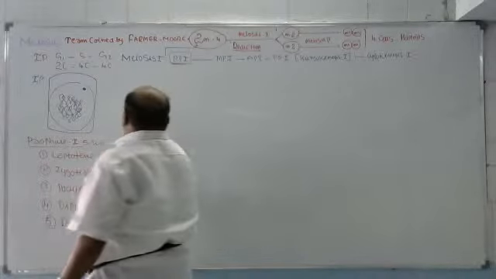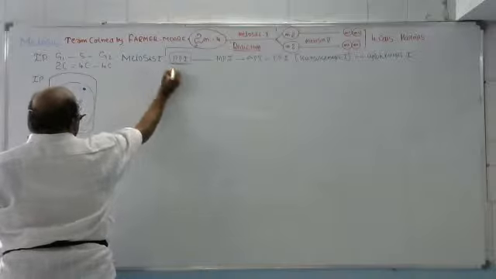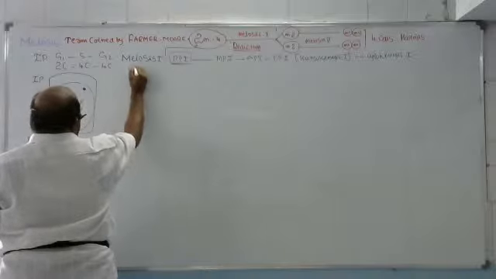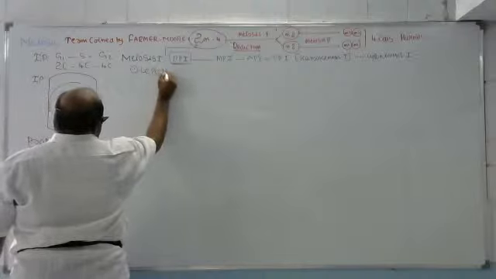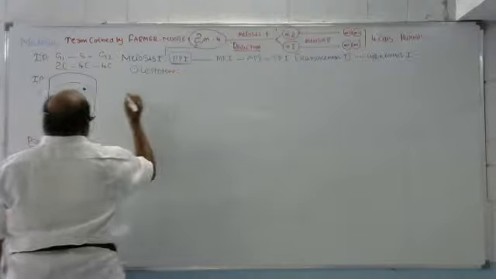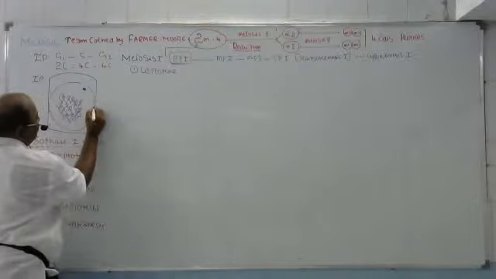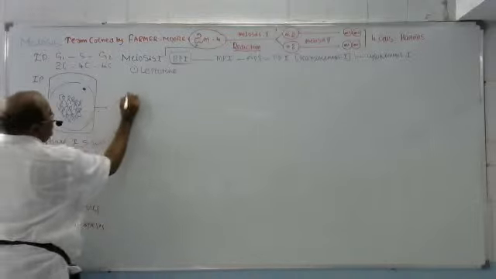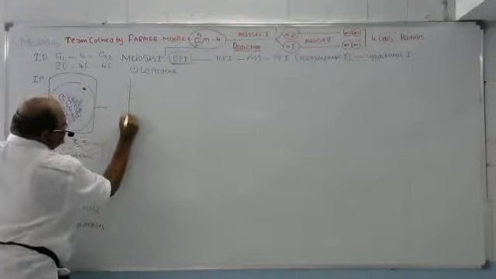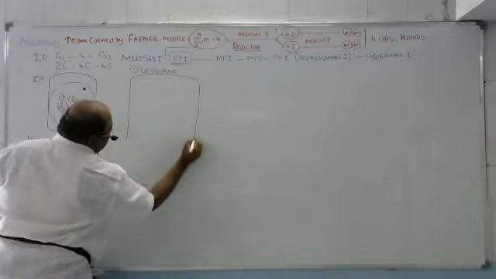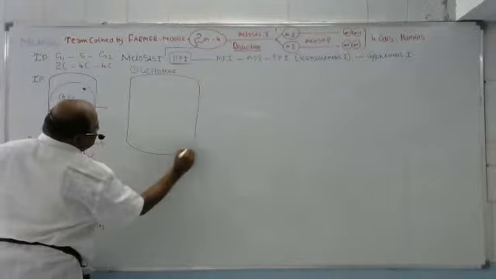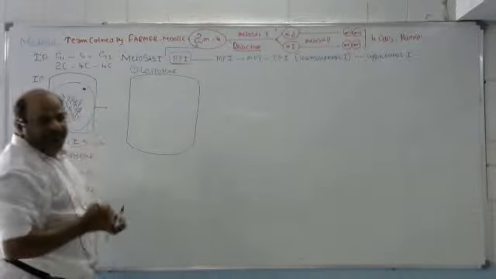Now, the first stage of prophase 1 is called leptotene. This is the interphase cell. When leptotene starts, what happened? Characteristics we will write here, on the side.